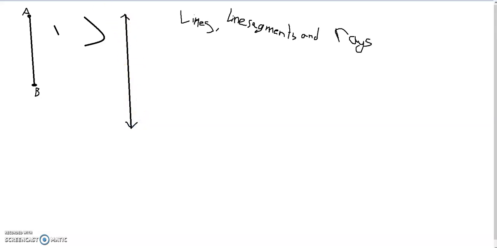Lines may go through points, but they never start or end at points because they go on forever in both directions.